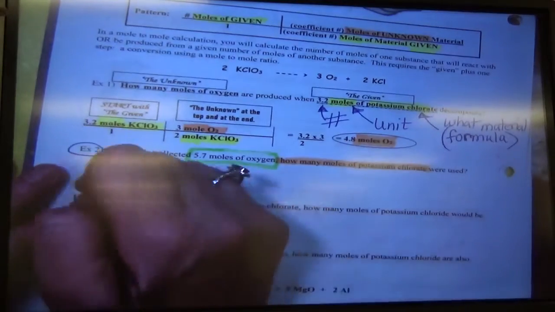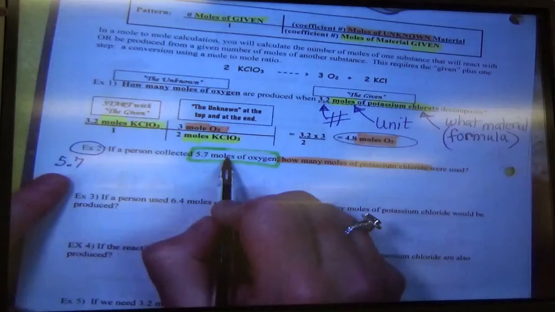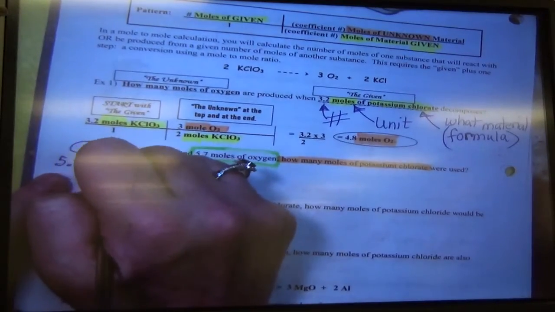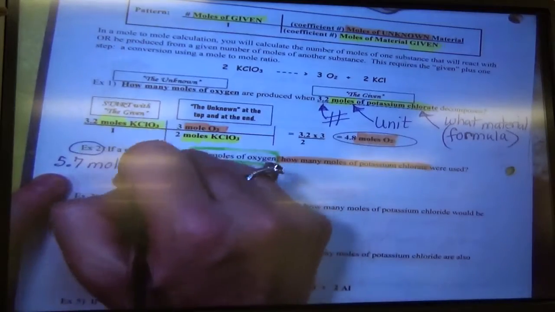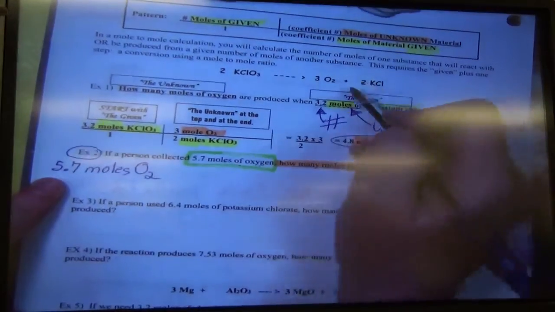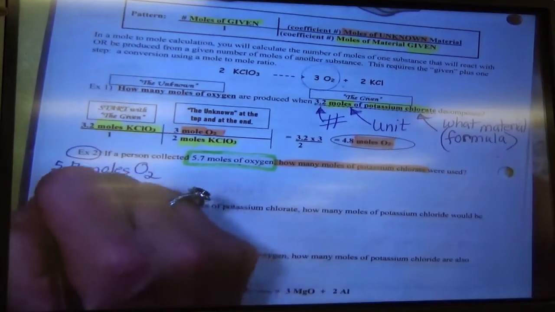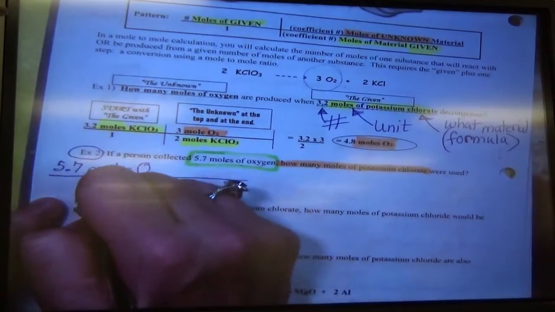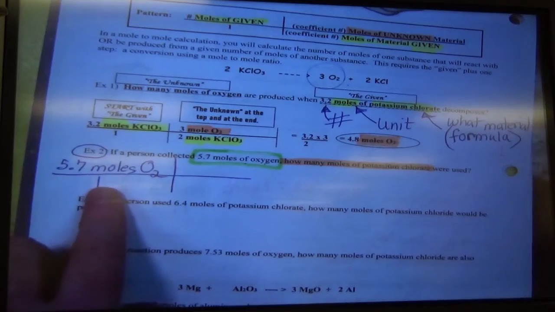Remember, we put the given, and we have the unit, and what it is, and oxygen is O2. As a hint, you can look at the equation, oxygen is O2. And the given goes over 1, just like we've always done, right? The given is over 1.